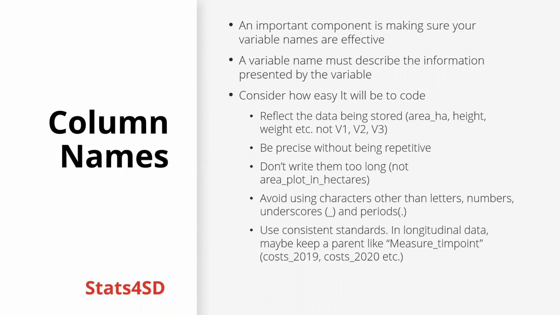So you don't need to call it plot_area, because including the word plot in the variable name would be a bit redundant, since the data table is all about plot level information.